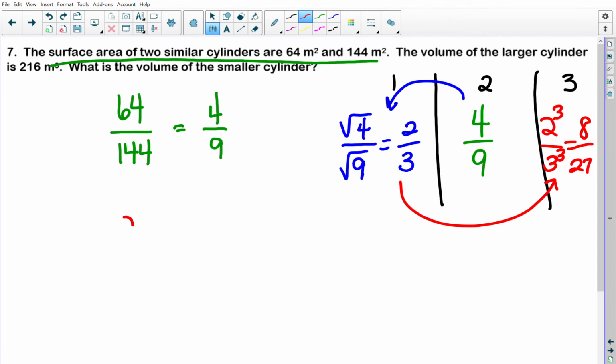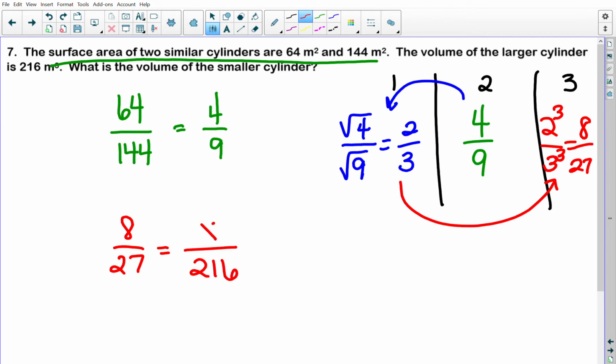So now I can say 8 over 27 is equal to, and look, the volume of the larger cylinder is 216 meters cubed. So I know that that 216 has to go with the larger of these two numbers, which is 27.